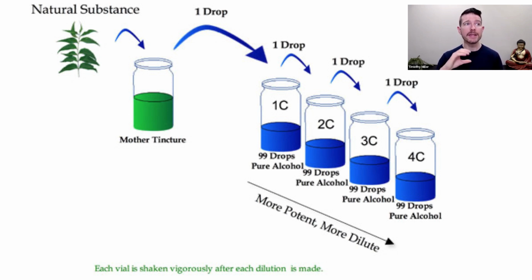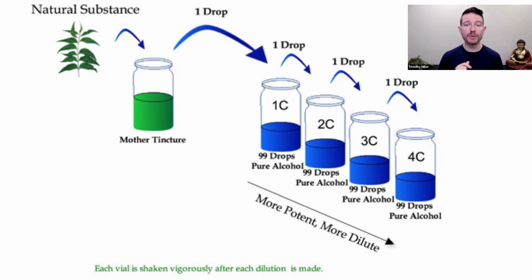Think of percent, 100%, or centi means 100. So here, as you can see in the picture, we're going to create a 1C remedy, a 2C remedy, a 3C remedy, a 4C, serially diluting and succussing as it goes down to create different potencies.